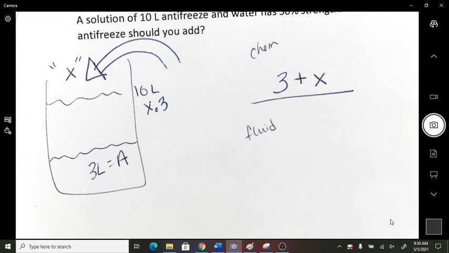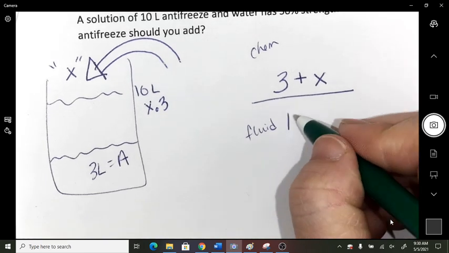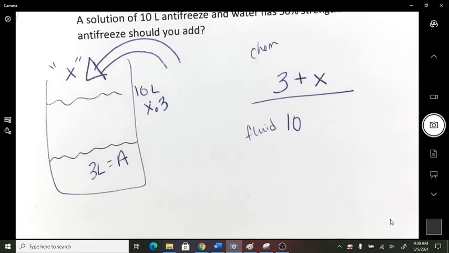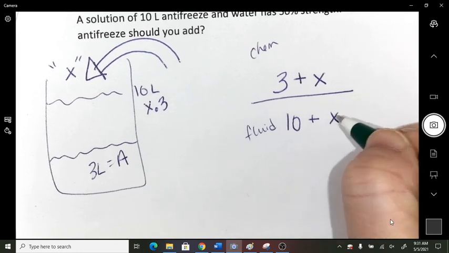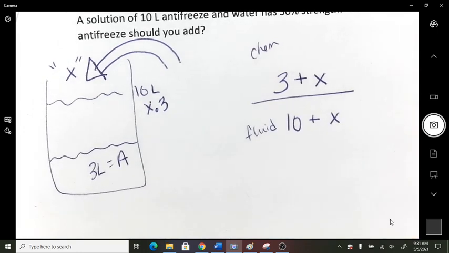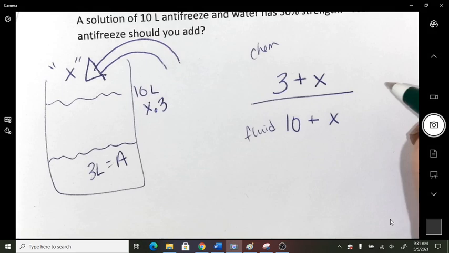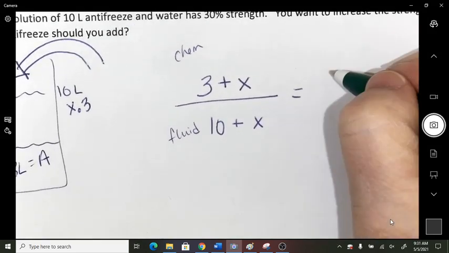And the total fluid, well, when I started this thing, I had 10 of fluid, water, antifreeze, whatever. And then once I started pouring antifreeze in, that jug was also increasing in fluid. Okay, so fluid is just anything, right? The water, the chemical, everything together. And now I want it to be 50%.